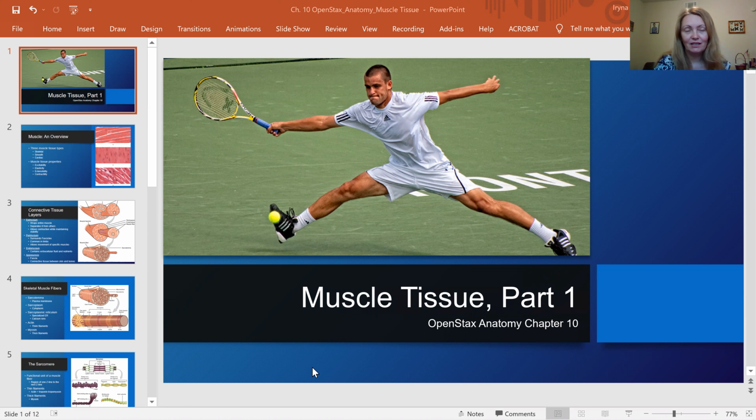Now, skeletal muscles are very long cells, and actually each cell is as long as your whole muscle. For example, if you have your biceps brachii muscle, each cell will be as long as your whole muscle, not including tendons, of course, because tendons that attach your muscle to a bone are made of connective tissue.